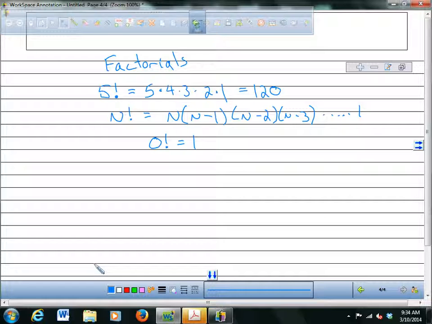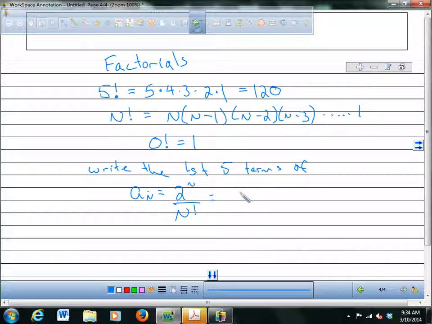So you could have sequences involving factorials, like: write the first 5 terms of a sub n equal to 2 to the n over n factorial.